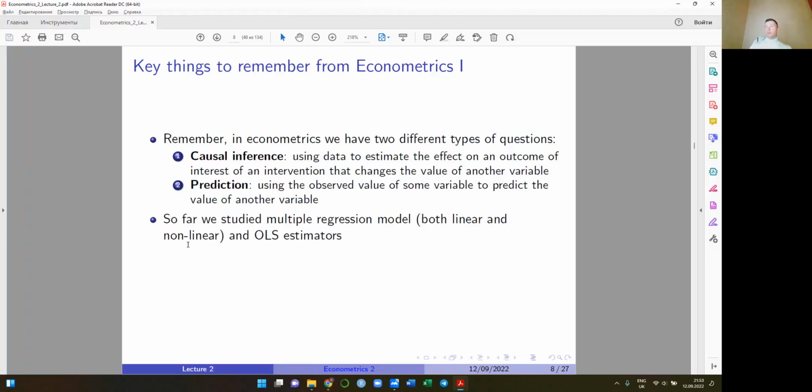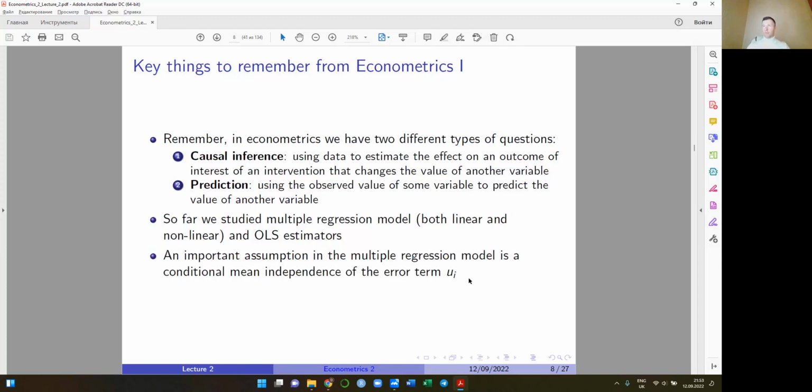At this moment, we are familiar with the multiple regression model. We know the linear model, we know how to build nonlinear models, and we know the OLS estimators that are used to estimate and make inference for the parameters of the multiple regression model.